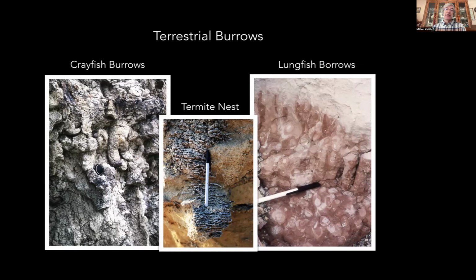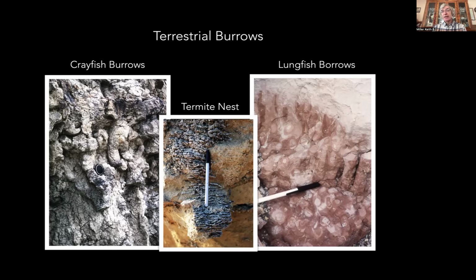And they will burrow down from the surface down to the water table. They need to be in someplace where they can be in a wet setting and get below the water table. So the length of the burrows is diagnostic of how deep the water table was in that particular environment.